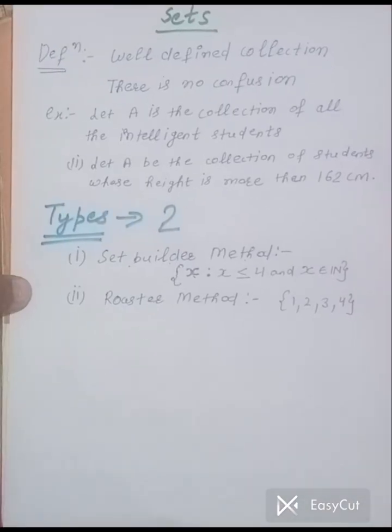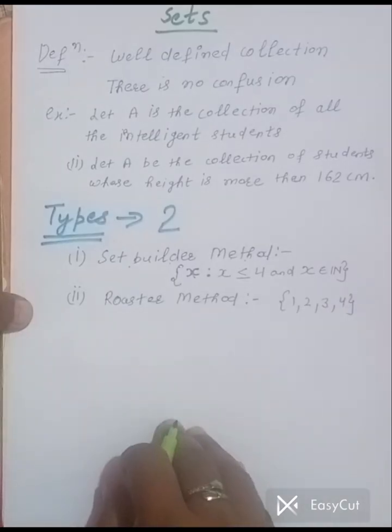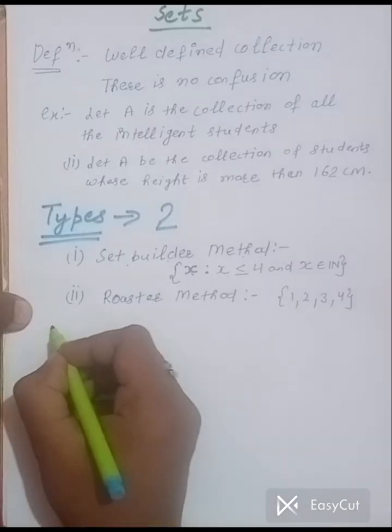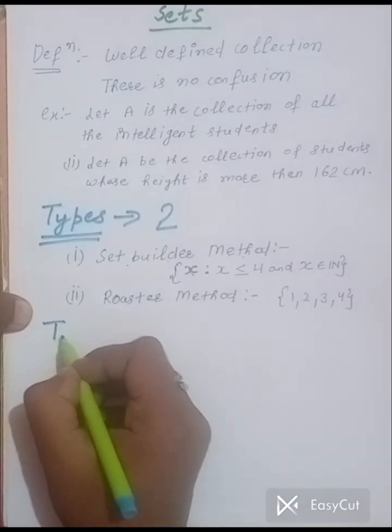So now we will discuss the sets, how many types the sets are, on the basis of their property.